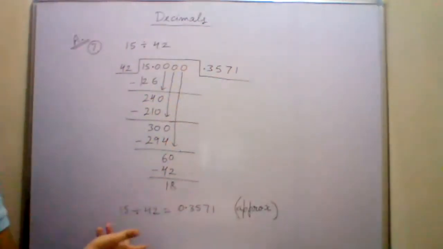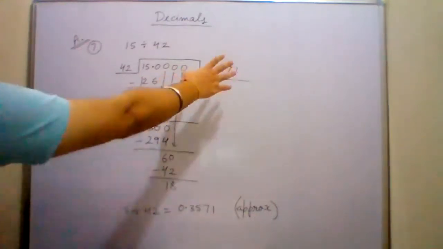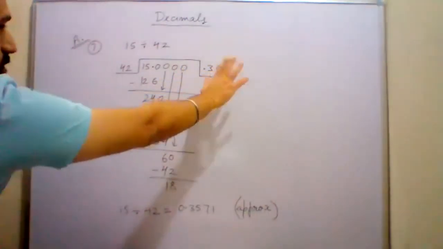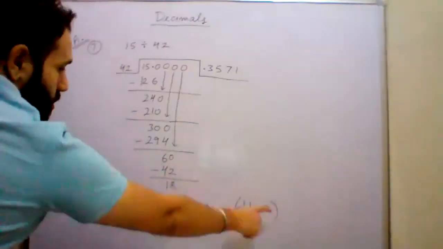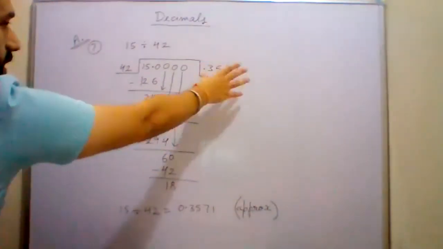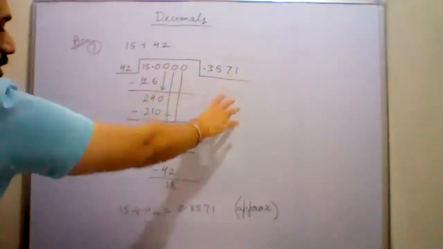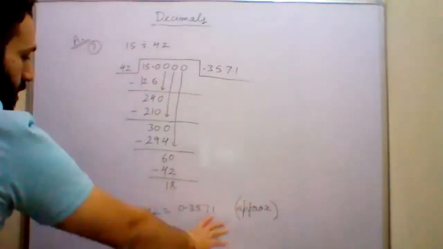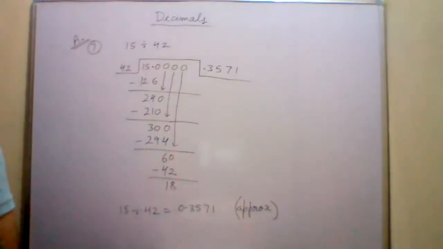But till when are we going to do it? You leave your answer till 4 decimal places only, and write approx in the bracket. That means this is not the exact answer. Got it? Okay, sir.